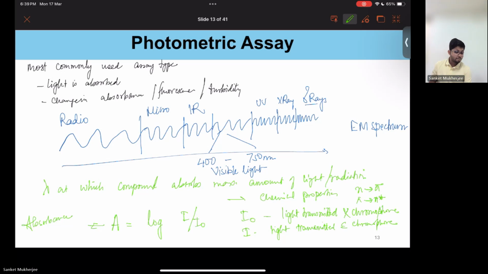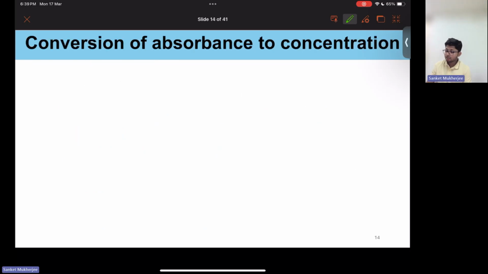Now, to convert the absorbance to concentration, we have the Beer-Lambert's law that tells us that absorbance is related to concentration.